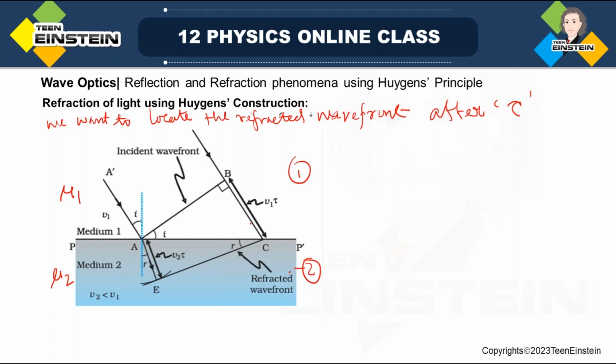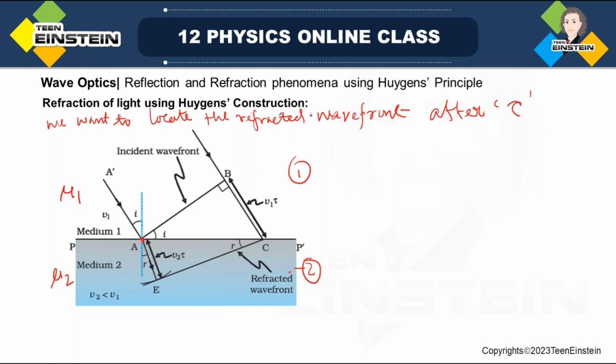Okay, so what happens? See, the wavefront after reaching this point A on the interface, this point A on the wavefront will actually produce wavelets. Obviously, it is producing every time, but we are just looking at that particular instant after which we want to look at the shape and all.